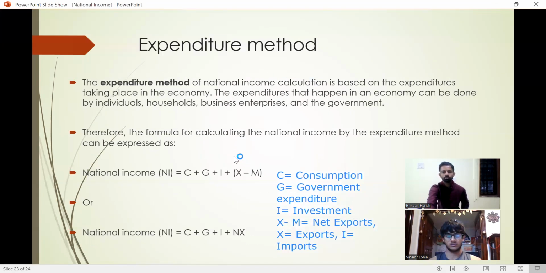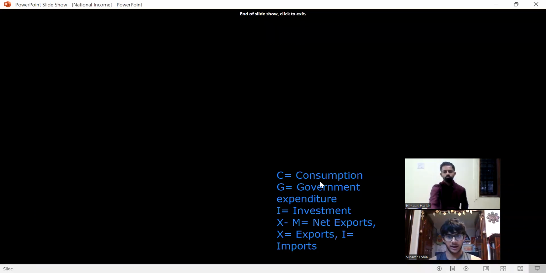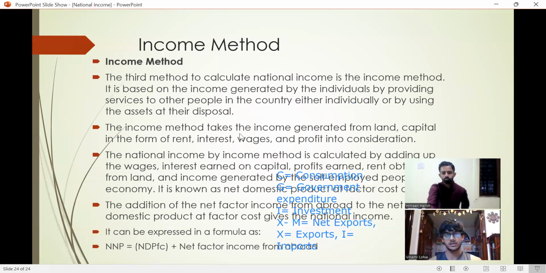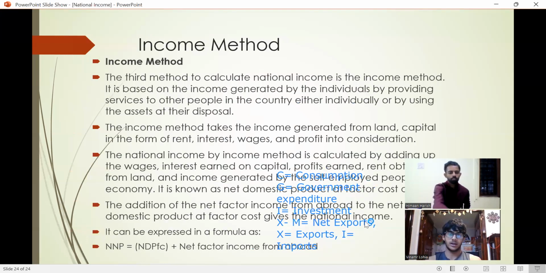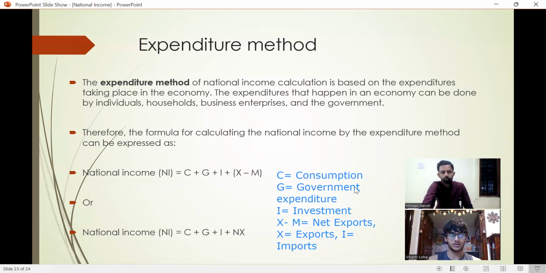Are we clear with the expenditure method? Yeah. NX is net exports, that is again X minus M, right? Can you go back to the previous slide one second? Okay, fine, got it.